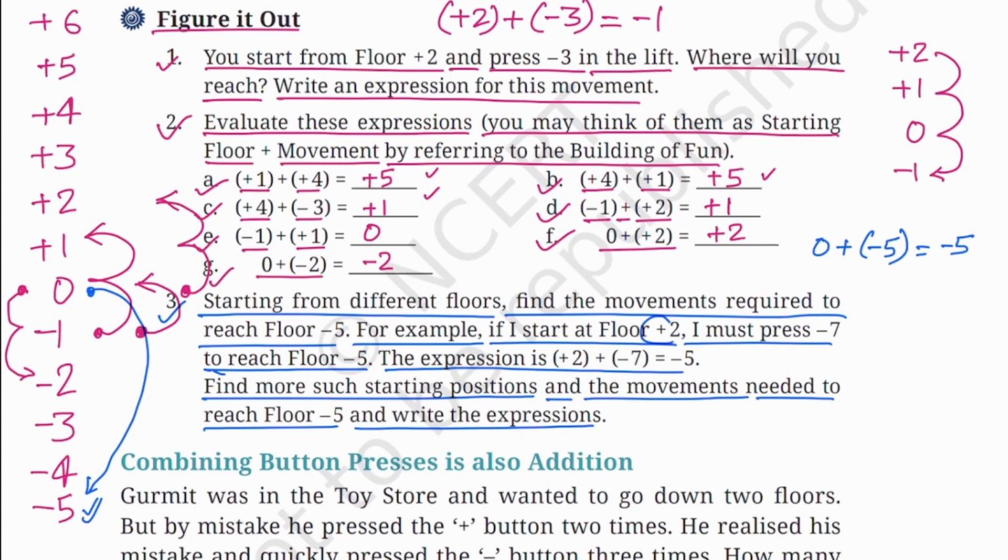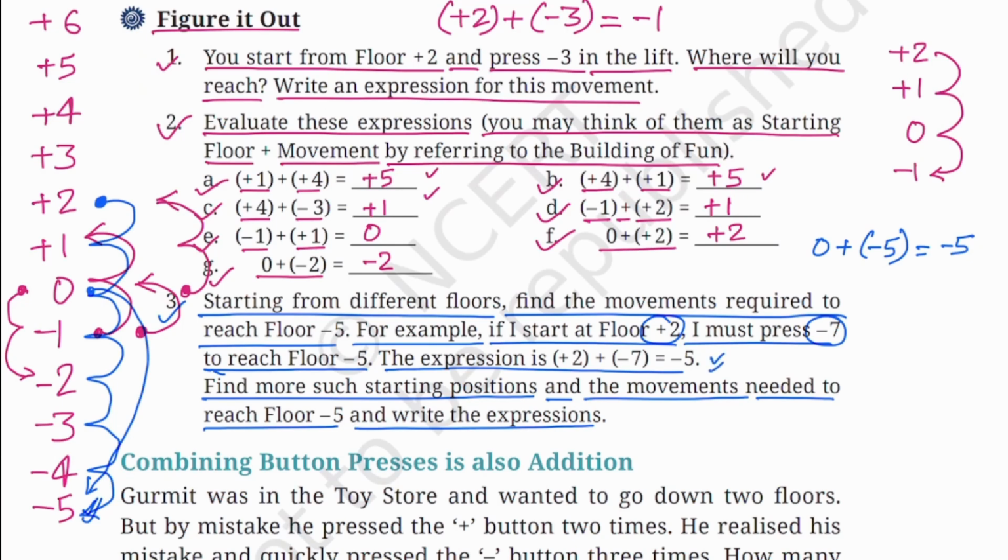Or you may start from plus 2 as given in the question and go minus 7 like this. Starting here at plus 2 and minus 7: 1, 2, 3, 4, 5, 6, 7. That is minus 7.